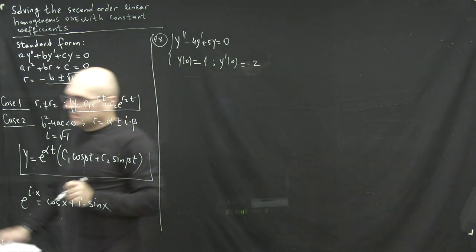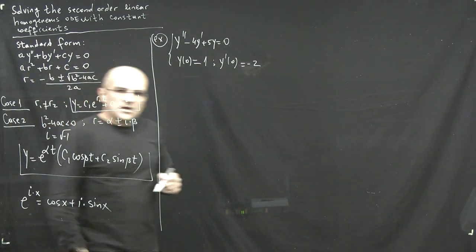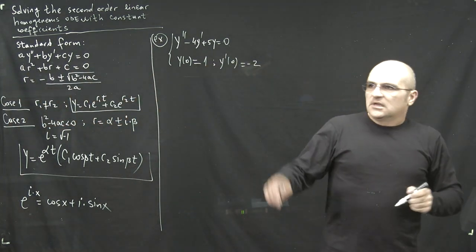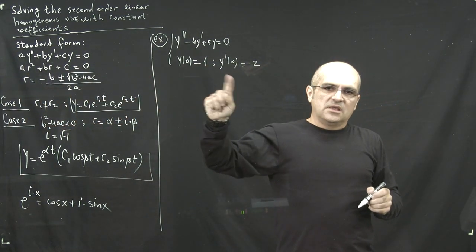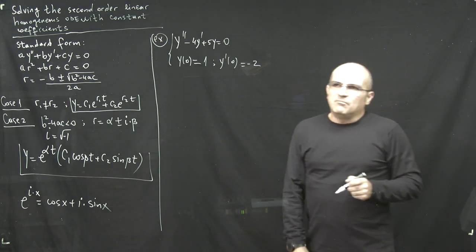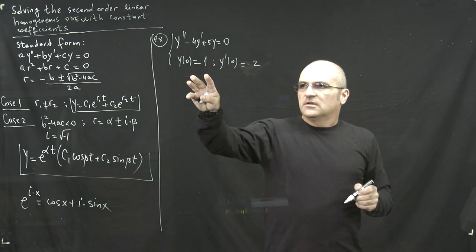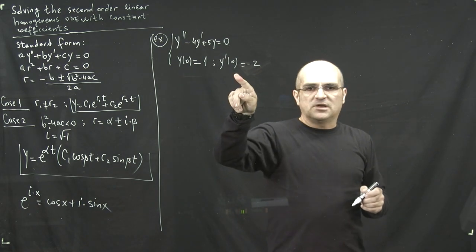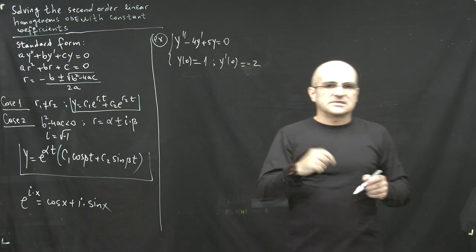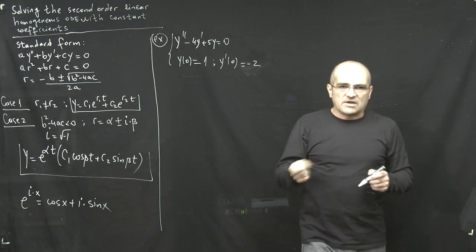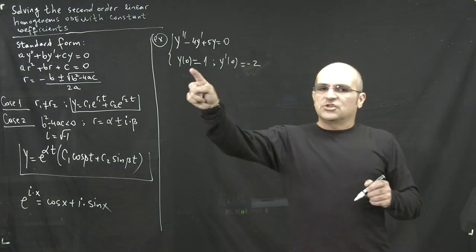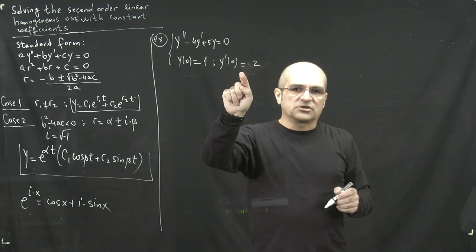Notice that the initial conditions in the second order case are typically given in that form because, if you want a practical justification, it's like you are given a displacement and a velocity to begin with. So imagine, for instance, that y of t is a displacement of an object. This will be like an initial displacement. This will be like the initial velocity.